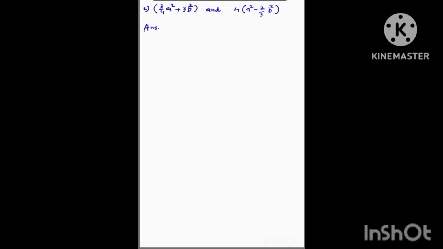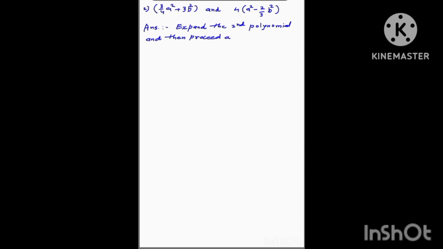Answer. First, we have to expand or open the second bracket, as it contains a number outside this bracket which multiplies the whole bracket. So we have to solve that first.